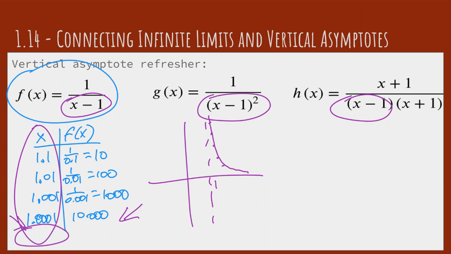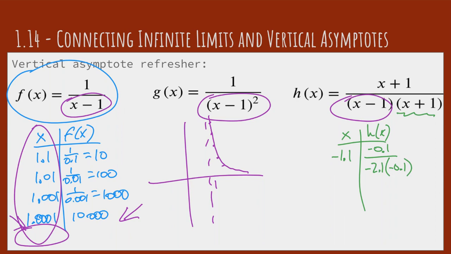I do want to point out that on the last one here, we don't get a vertical asymptote at x equals -1. And the reason is if I pick values that are close to x equals -1 here for h of x, let's say -1.1, on top, we get -0.1 over -2.1 times -0.1.